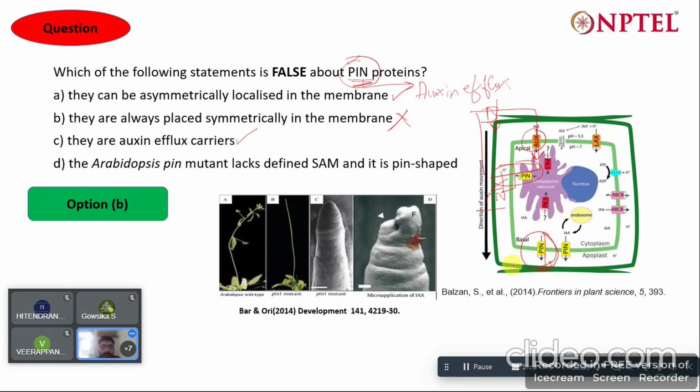It will not be symmetrically located on the membrane. When these pin mutants were created in Arabidopsis, they don't have a well-defined shoot apical meristem, and they were pin-shaped, like shown in this figure. So these are pin-shaped. That's why the name of the protein is pin. Okay, so does anyone have any doubts in this?